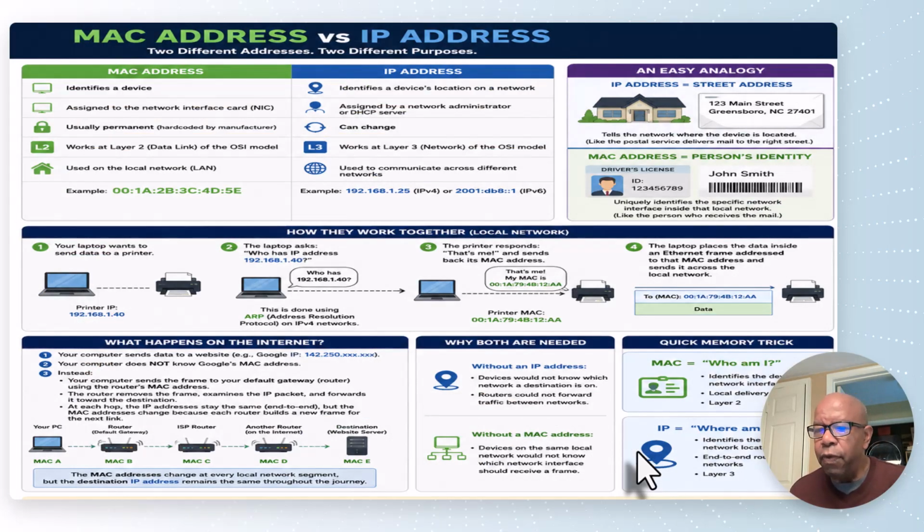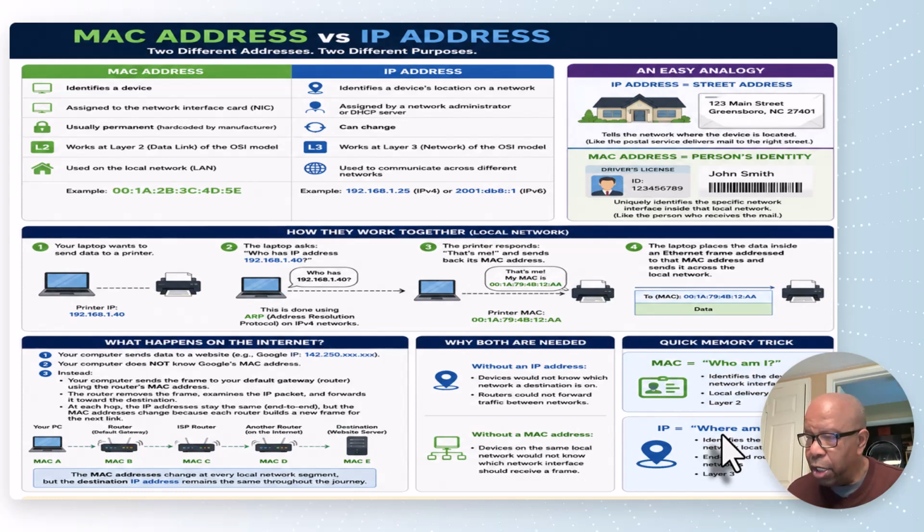Okay, so MAC address versus IP address. The first one I want to look at is down here in the right-hand corner. Basically, the MAC address designates who am I. It identifies the device's network interface, for local delivery, and all this is occurring at layer 2.